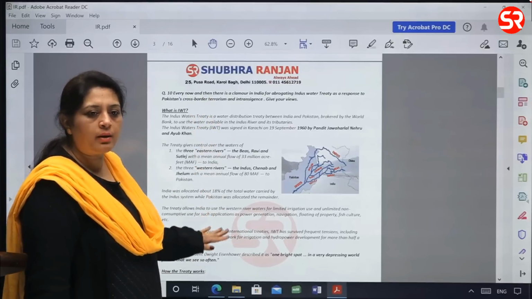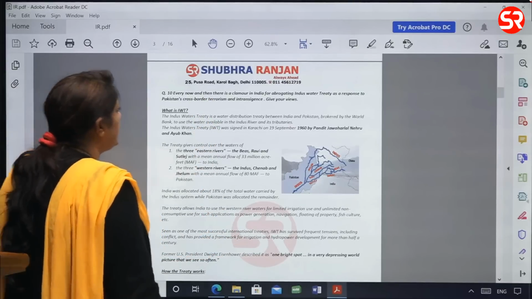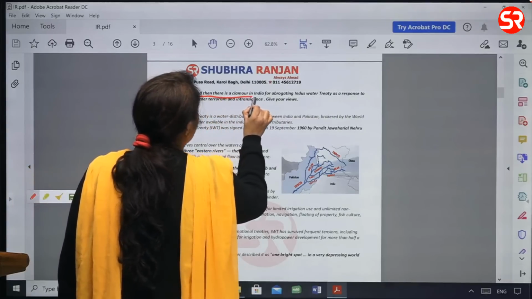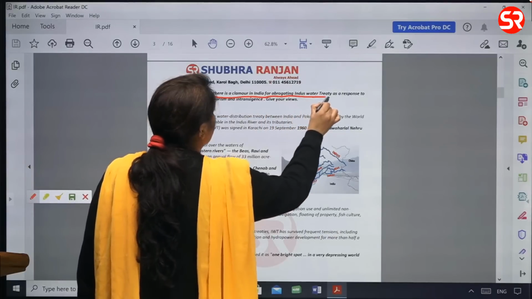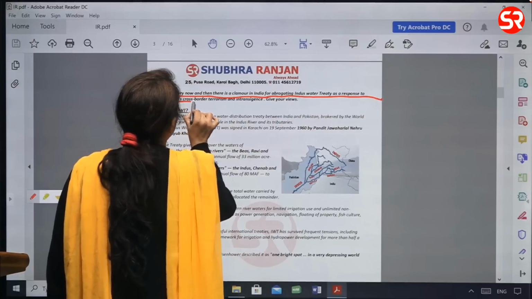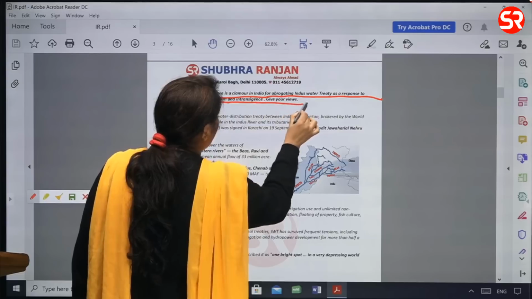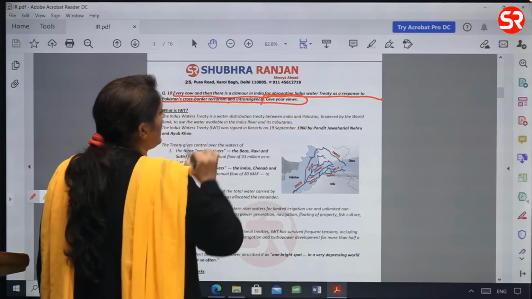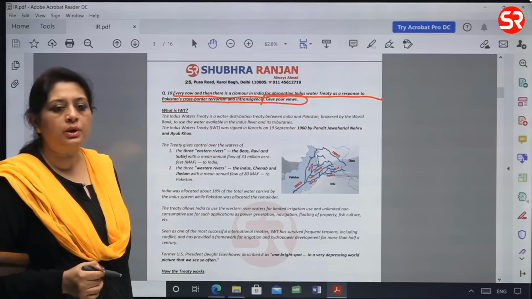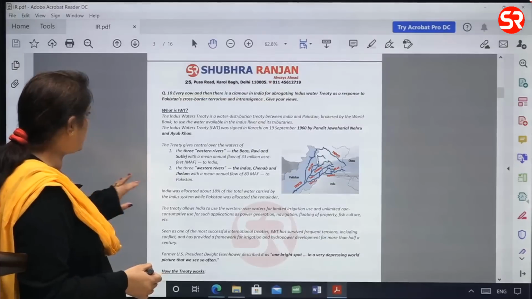We have prepared this question and model answer: every now and then there is a clamor in India for abrogating the Indus Water Treaty as a response to Pakistan's cross-border terrorism and intransigence. Give your views on whether we should be abrogating or not. So in whatever form a question comes on the Indus Water Treaty, the facts are here.